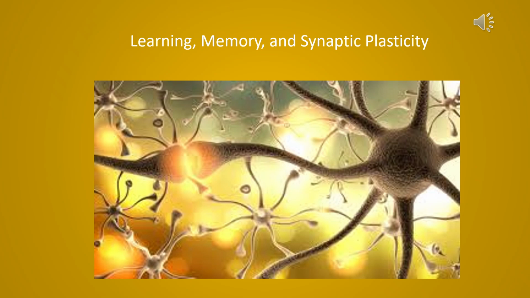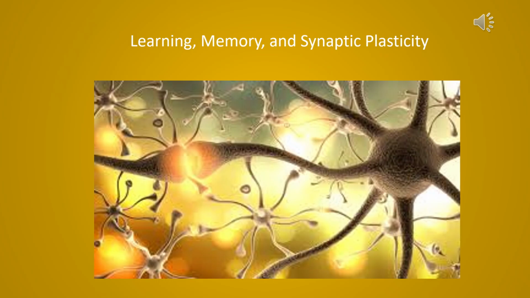So when we commit something to long-term memory, what we do is build a physical connection between neurons. We establish a new synapse. That is called synaptic plasticity. Neurons have the ability to make new connections with other neurons lifelong.